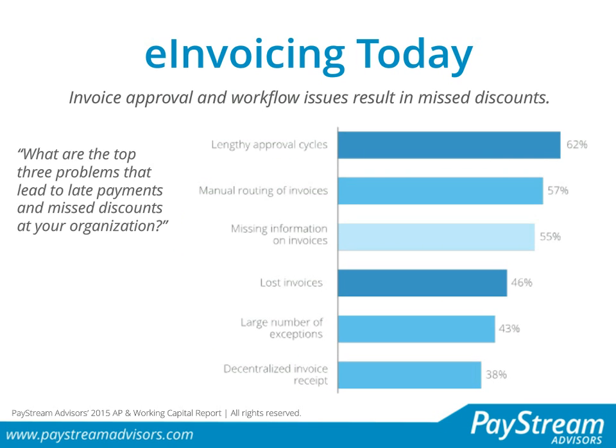So we know the solution to capturing more discounts is a more efficient process, but specifically, what were some of the causes of these late payments or missed discounts? Most organizations reported that lengthy approval cycles and the manual routing of invoices were the culprit. Occasionally, it was put back on the suppliers with missing invoice information or sometimes lost invoices.